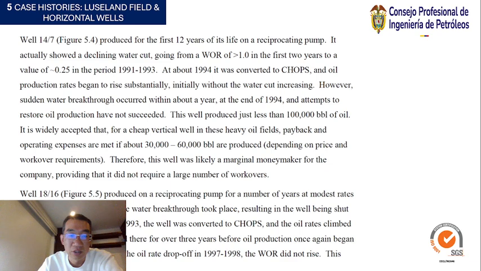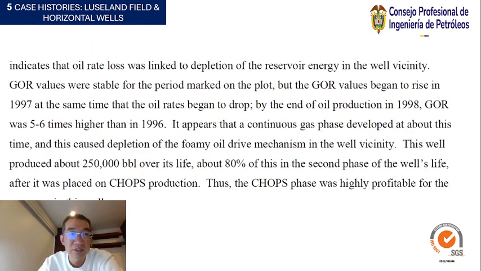However, during the oil rate drop-off in 1997 to 1998, the WOR did not rise. This indicates that oil rate loss was linked to depletion of the reservoir energy in the well vicinity.